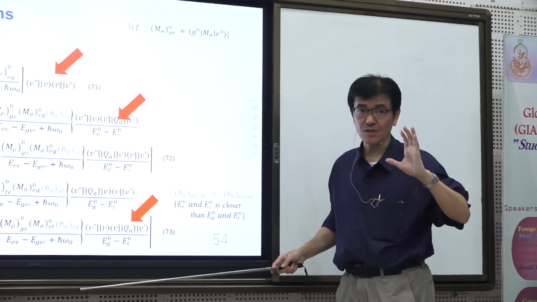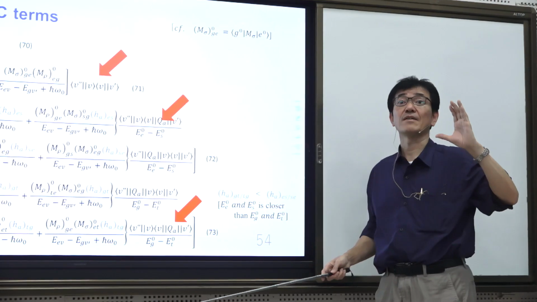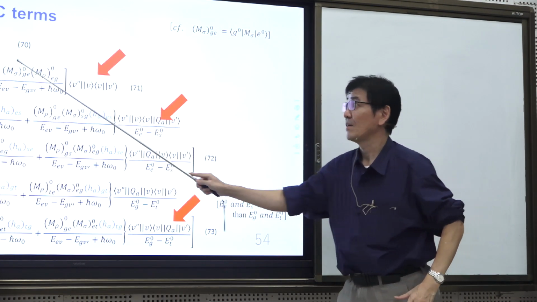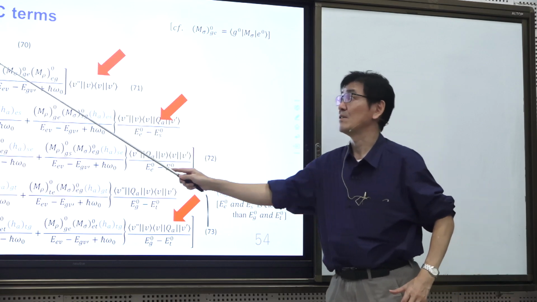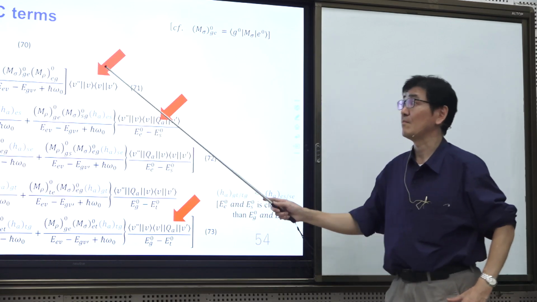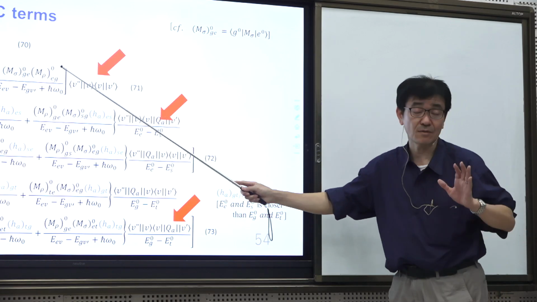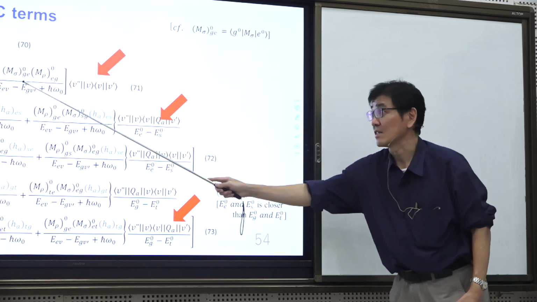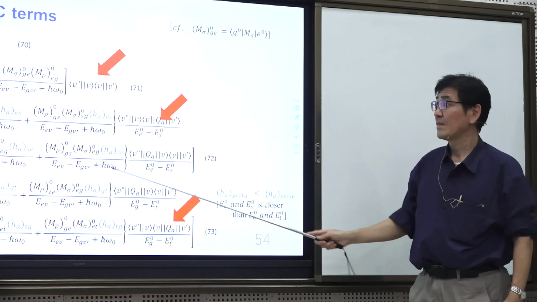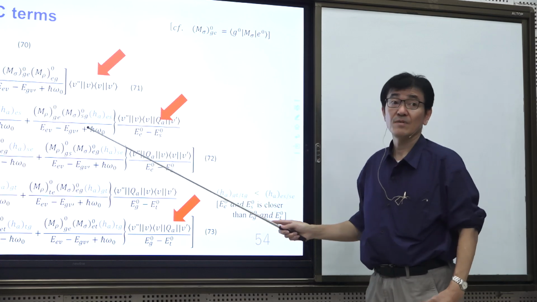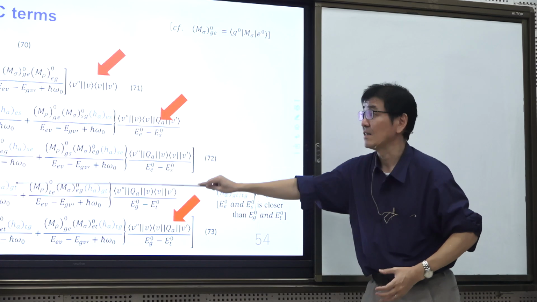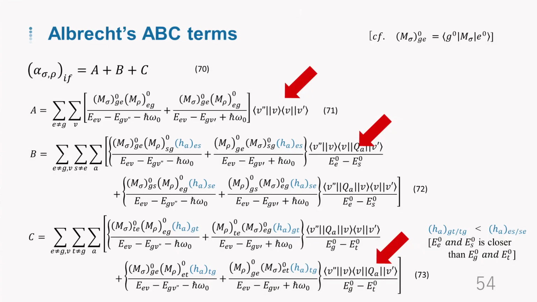The electronic wave function is mostly explained by the original wave function. So this is the largest. So this is a leading term in the Raman scattering in most cases. It depends on the symmetry. But anyway, this is the largest contribution. The mixing wave function is rather small. So B and C are relatively small, smaller than A.